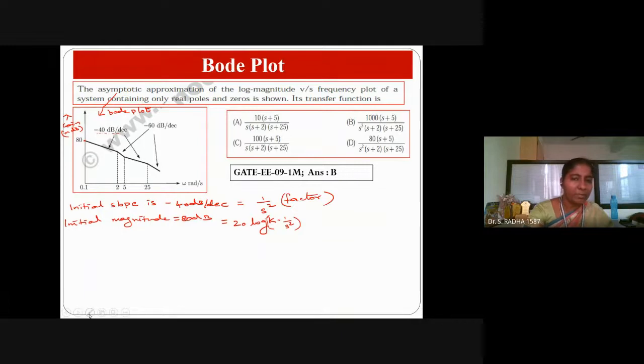So now I am combining k and 1 by s square. At what frequency? Now I will put j omega in the place of s. So k by s square means k by j omega whole square. We have to take the magnitude here: 20 log of the magnitude of k by j omega whole square.